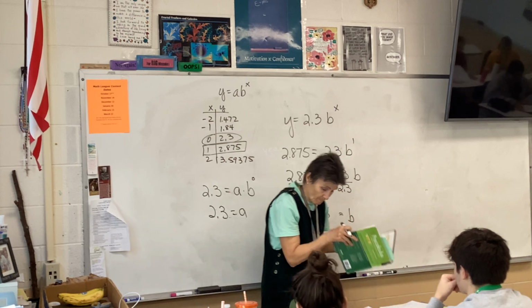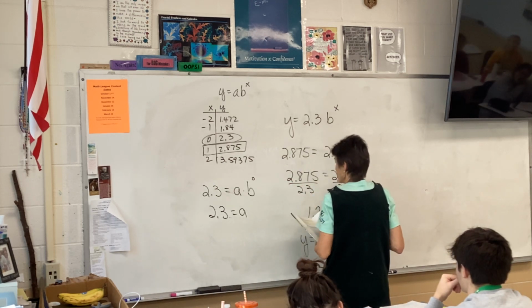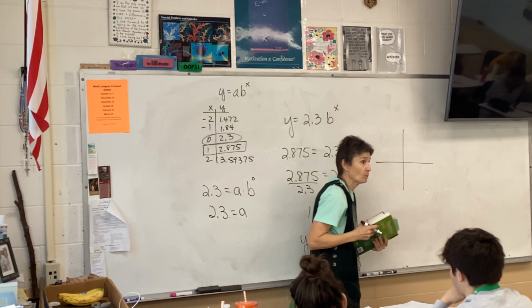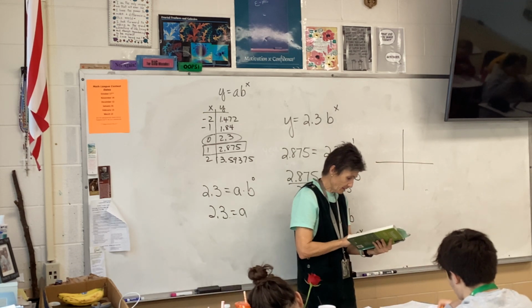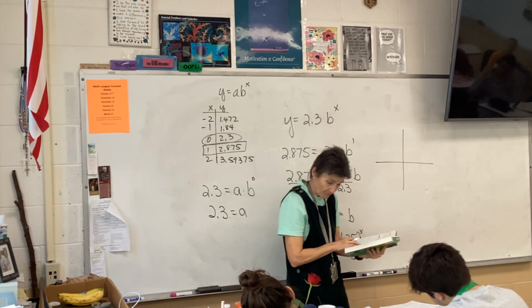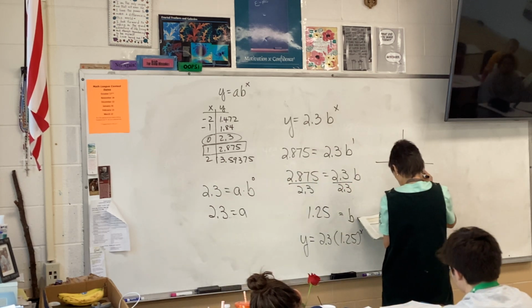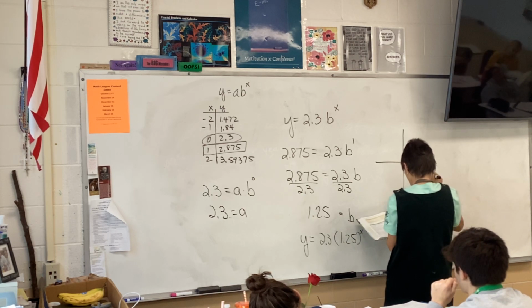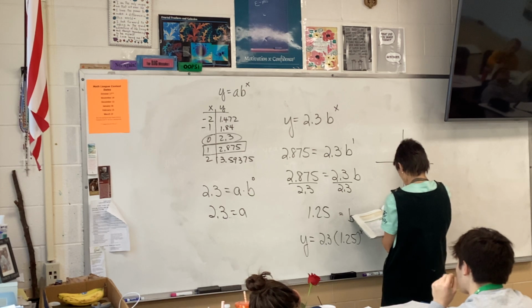Okay, so one more. Here is the given information for this problem. It's not a table this time. It is literally a graph. And here is what the graph looks like.